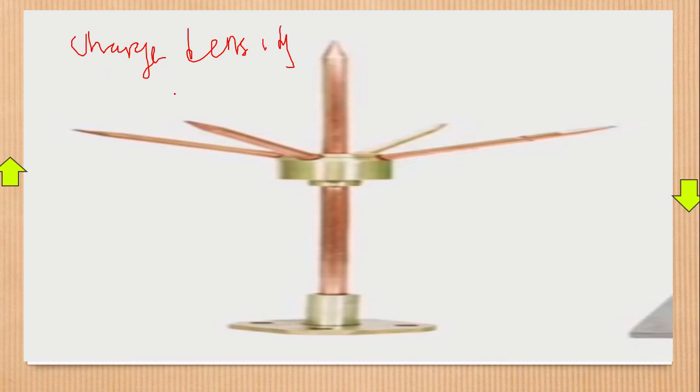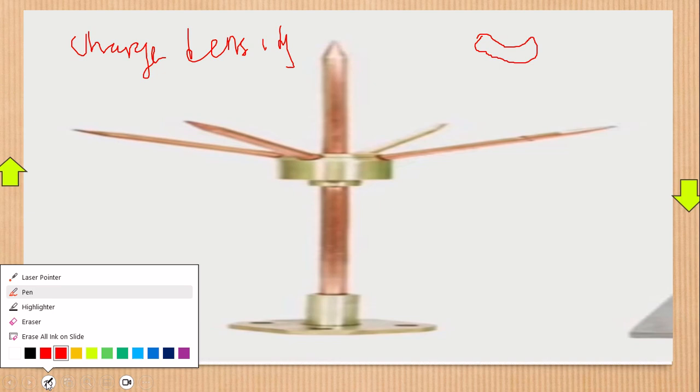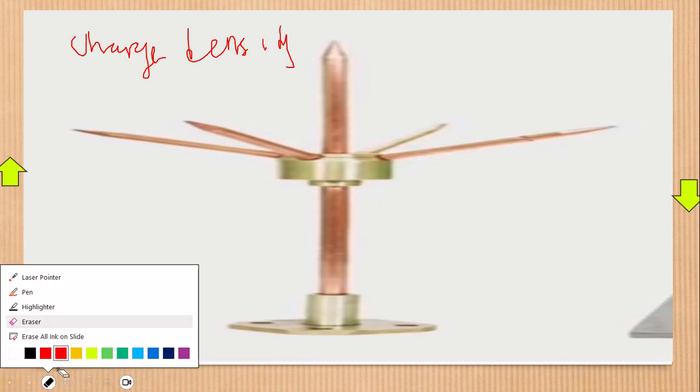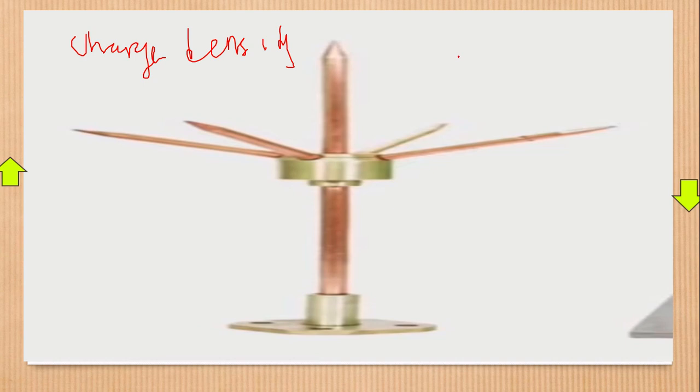Charge density in simple terms means, if I have, say for example, an object like this with a sharp point, then another object that is flat like this. This is object A, and here is object B.